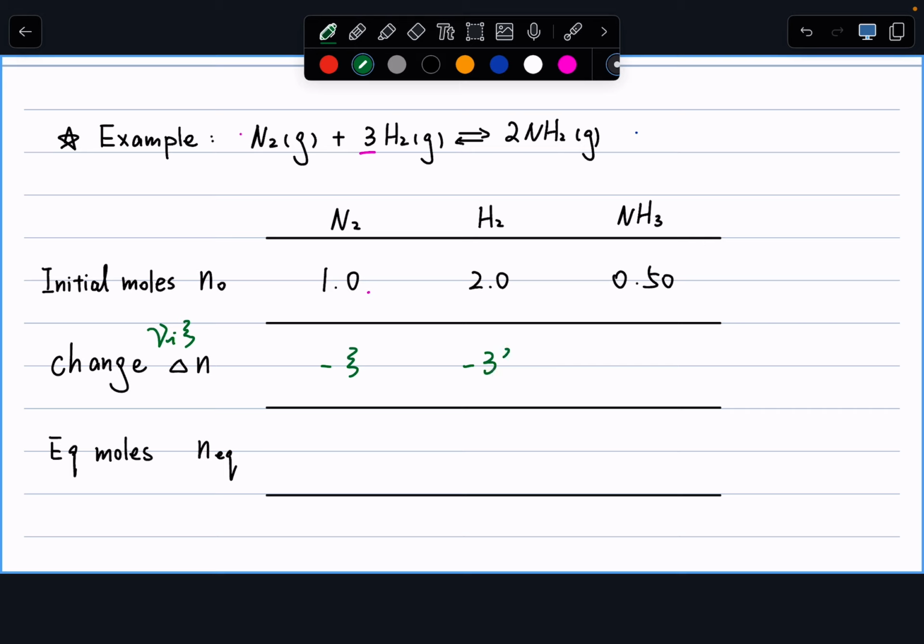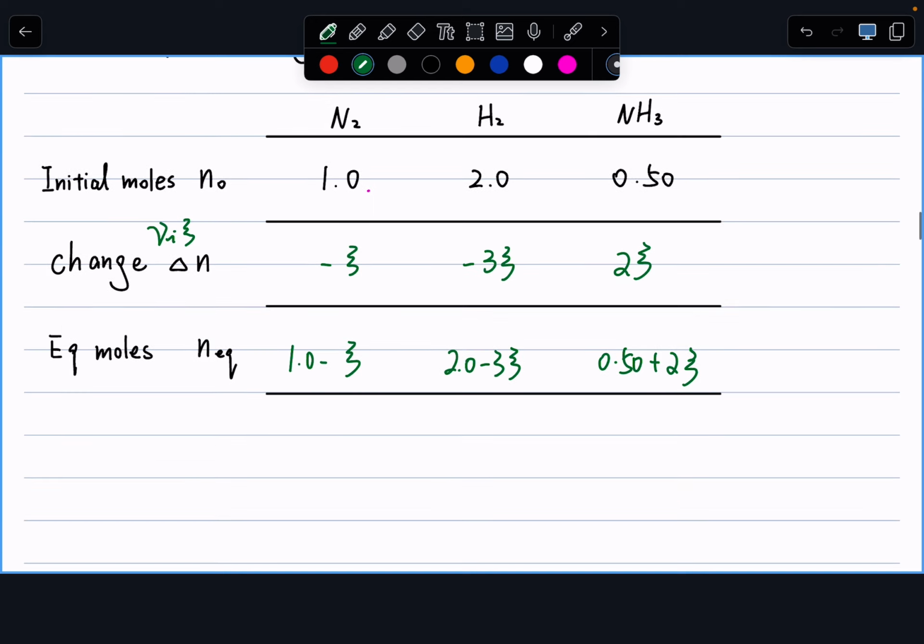It is negative 3C for H2, and 2C for NH3. So the equilibrium number of moles becomes 1.0 minus C for N2, 2.0 minus 3C for H2, and 0.50 plus 2C for NH3.